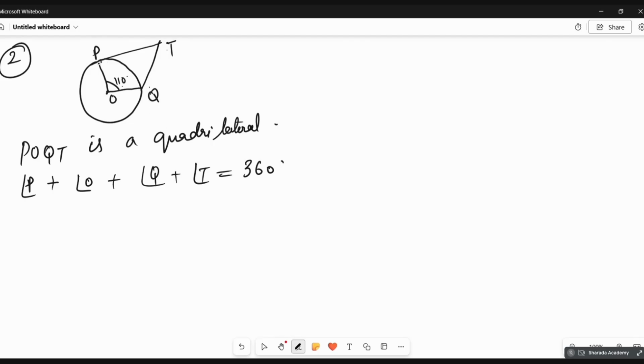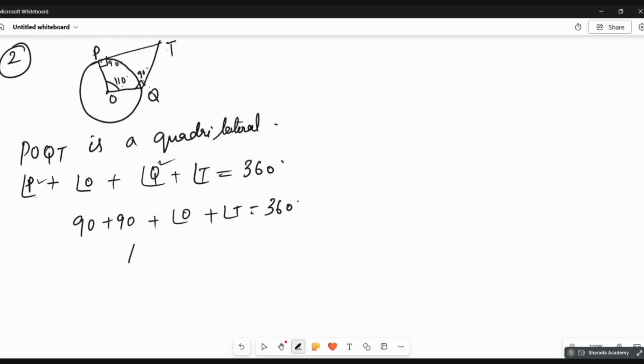And angle P and Q is how much? That is equal to 90 degree. Correct? These two are equal to 90 degree, because the radius and the tangent make 90 degree at the point of contact. So P and Q is 90. So these two are 90 and 90, plus angle O plus angle T is equal to 360 degree.